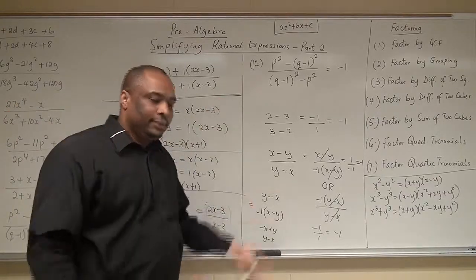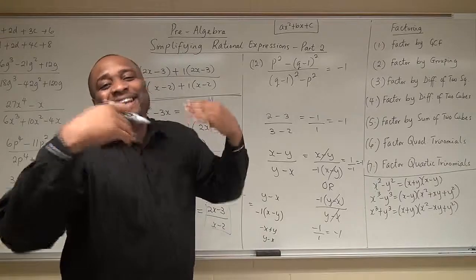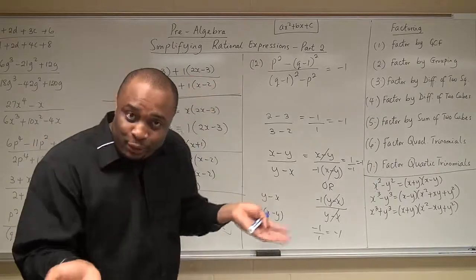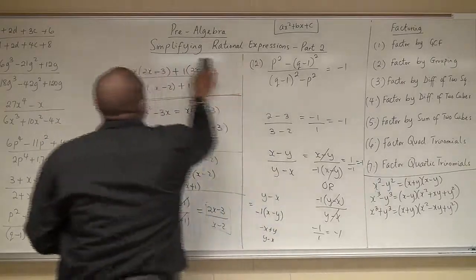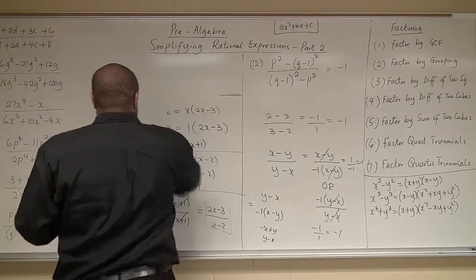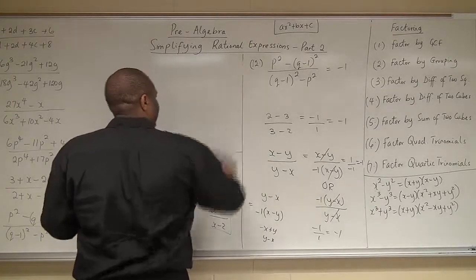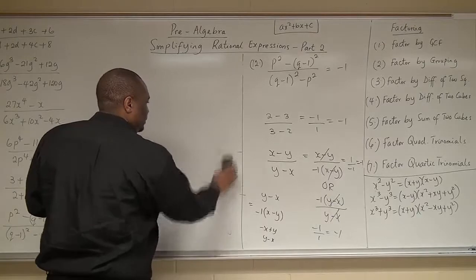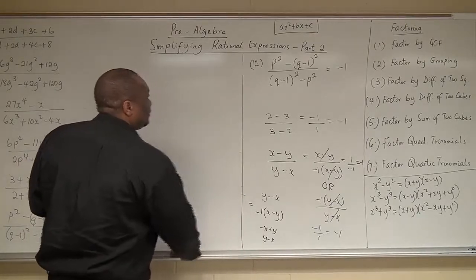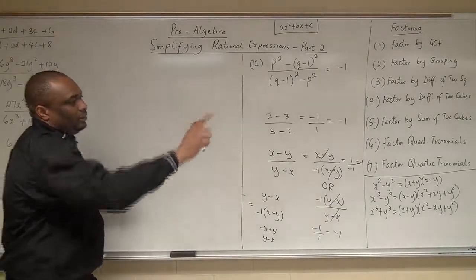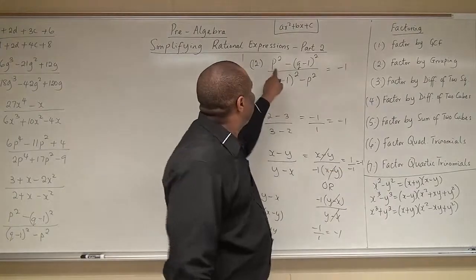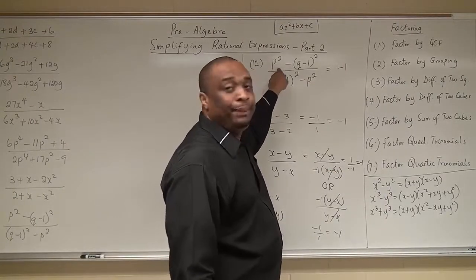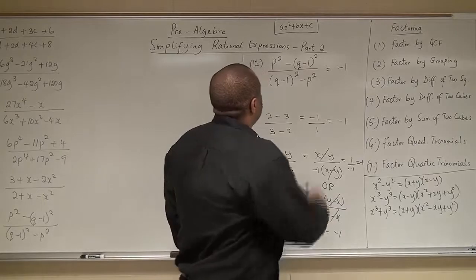If you don't get this method, let us do it by difference of 2 squares. Let's do it with the second method, so that you see. In this case, our x is p, and our y is q minus 1.